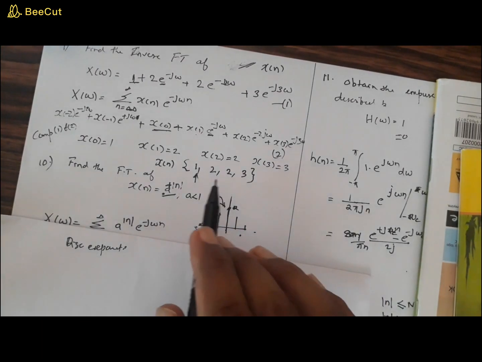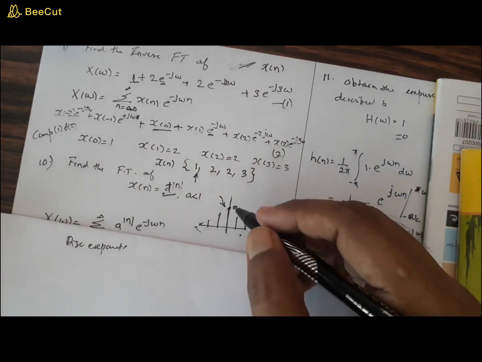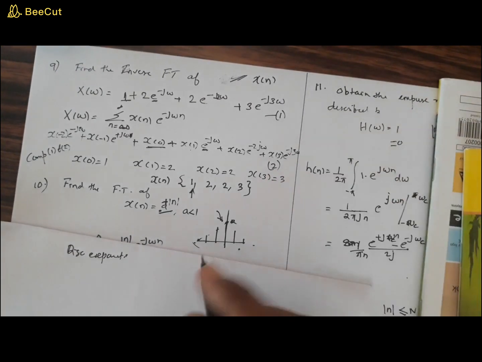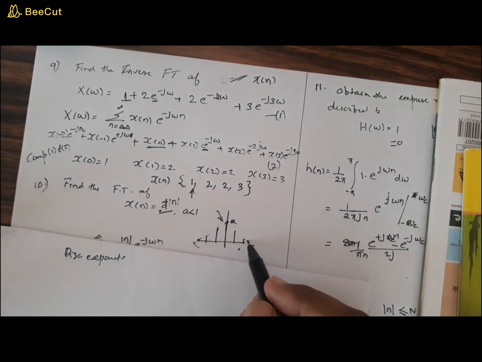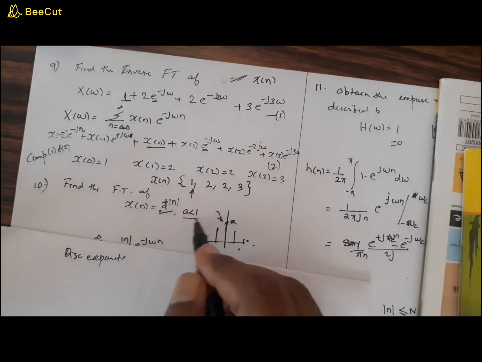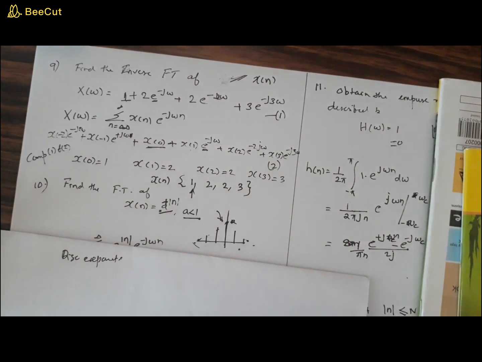If a is greater than 1, then as n increases the signal increases, while here, as n increases, the signal decreases due to the fact that a is less than 1. So you must be very careful when you deal with such problems.